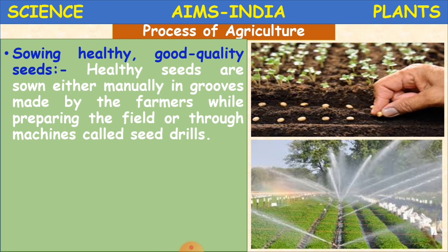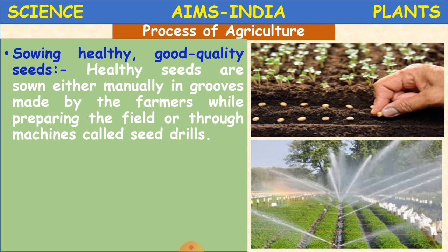Now the soil is ready, and we have even added manure. Now we'll start sowing the seeds. Healthy seeds are sown either manually in grooves made by the farmers while preparing the field, or through machines called seed drills.